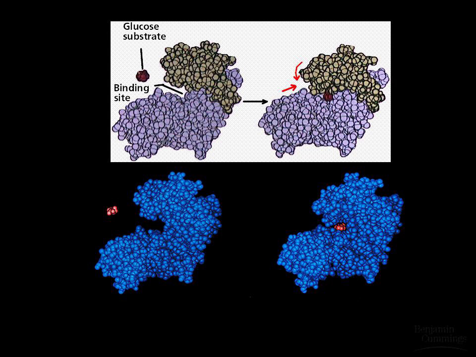It binds to a specific part, and this binding results in the metabolism of the glucose substrate. So for this enzyme to function, first it is required to bind its substrate, and this binding happens in a specific area which is called the binding pocket or binding surface.